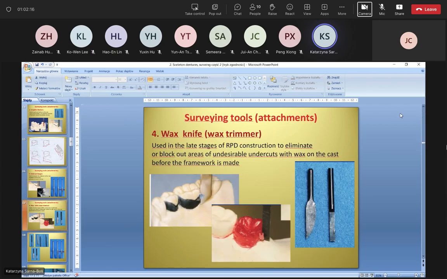And the wax knife, or wax trimmer, is used in the late stages of RPD construction to eliminate or block out areas of undesirable undercuts with wax on the cast before the framework is made. This tool is placed in the chuck mandrel in the surveyor, and then we use such a wax knife to cut the wax in proper position to make two or more surfaces parallel to each other.